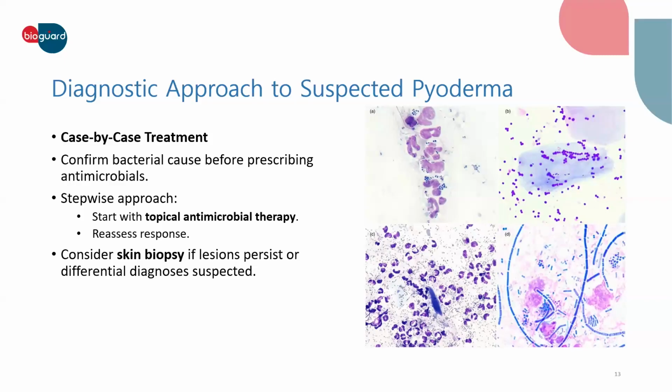If there's no clue, no evidence of bacterial infection, we don't need to start topical antimicrobial therapy. However, if from the cytology we see the possibility of bacterial infection, then topical antimicrobial therapy is necessary.